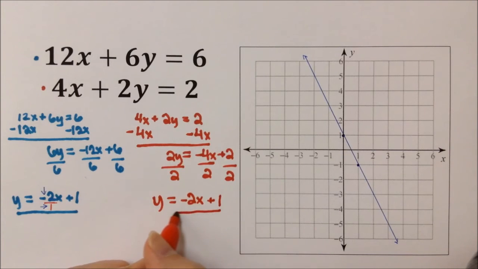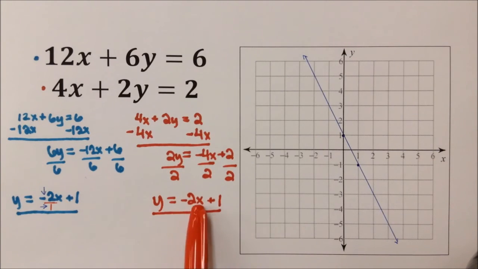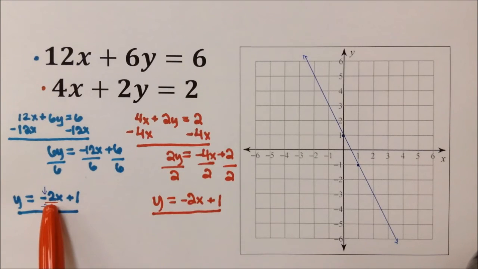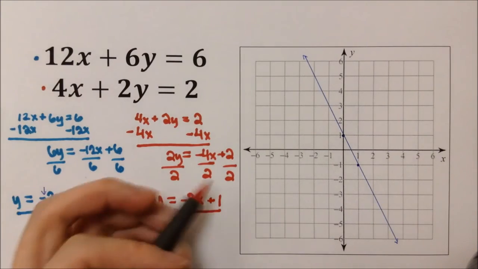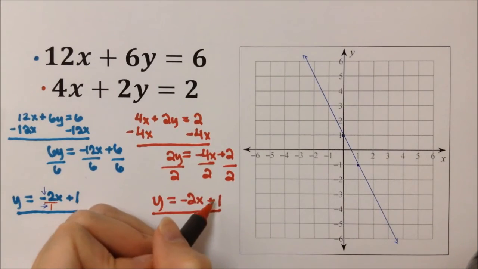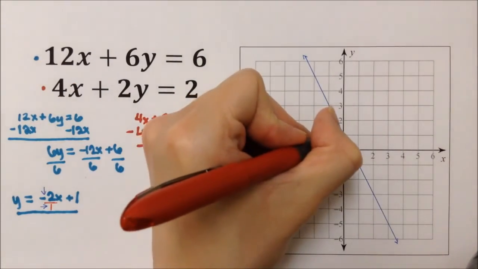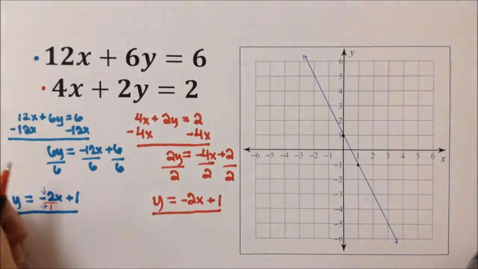So here's our second slope-intercept form. Now, as I'm looking at this second slope-intercept form, I see that it is exactly the same as the first one. y equals negative 2x plus 1. So it's already graphed, and if I were to graph it again, plus 1, that's our y-intercept, would be right here.